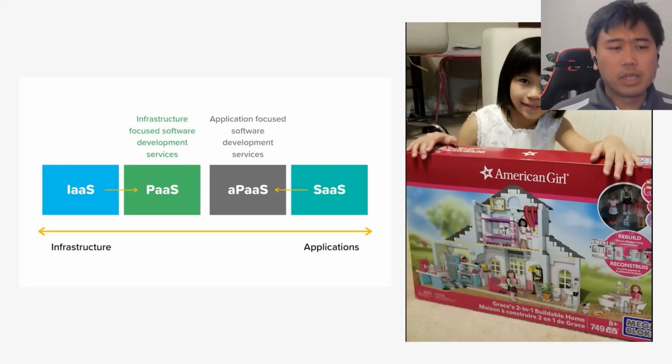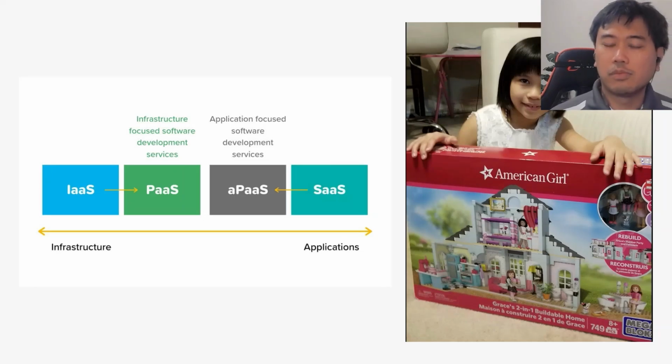Of course, we're already familiar with infrastructure as a service and more familiar with platform as a service, which is focused on software development and services. And we're somewhat familiar with software as a service that is available out there. So IoT Central is application platform as a service, which is application-focused software development services.